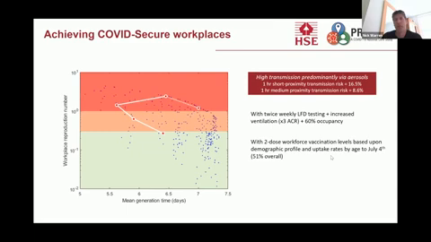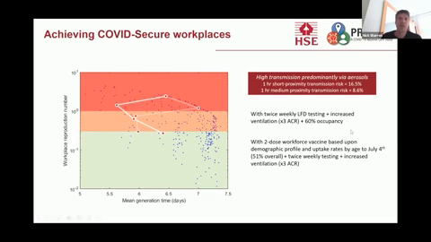uptake rates up to July 4th, which corresponds to about 50% of a typical UK workforce being vaccinated. Obviously, there'll be a lot of variation according to all sorts of factors within any particular workforce. Then that gets us towards a reproduction number of 1, but it doesn't get us there.